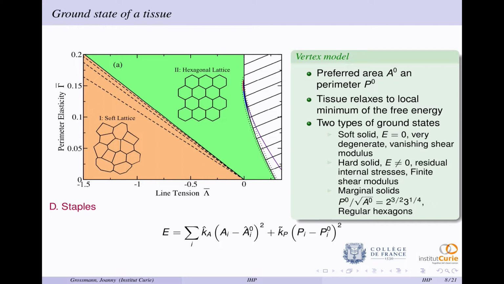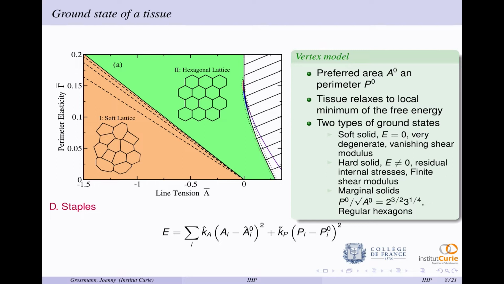So if the perimeter is big, you can make a state where this energy is 0. And there are many, many states that you can make. So the ground state is extremely degenerate. You can transform one state into the other. So this ground state has a lot of soft modes, and the shear modulus vanishes in this ground state.